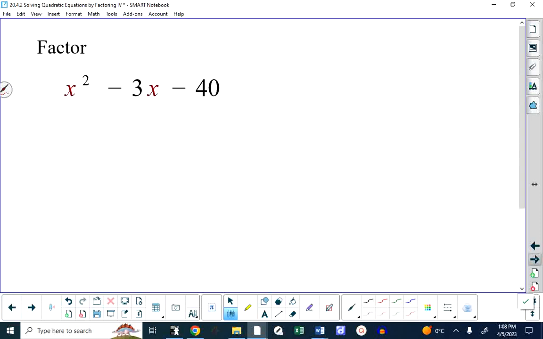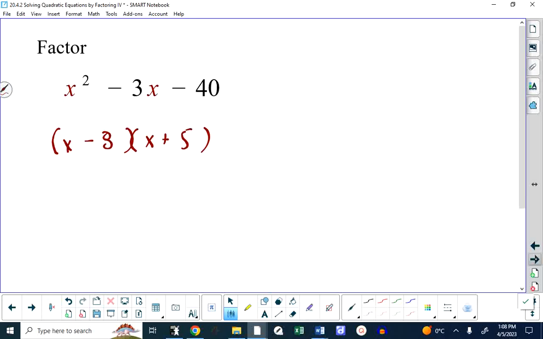If I say to you, factor this, I hope with just maybe 5 or 10 seconds of thought, you would say, I need 2 numbers that multiply to give negative 40 and add to give negative 3, which would be negative 8 and 5. Am I right? Okay.